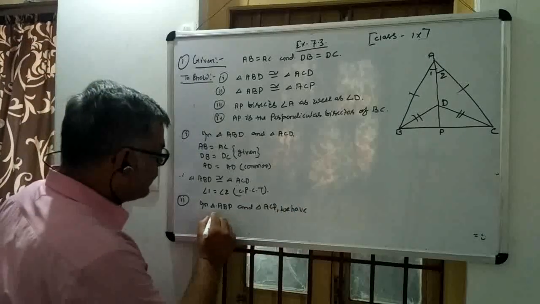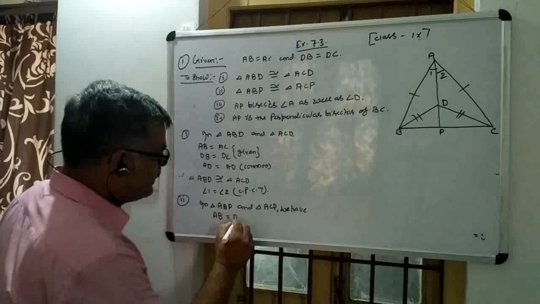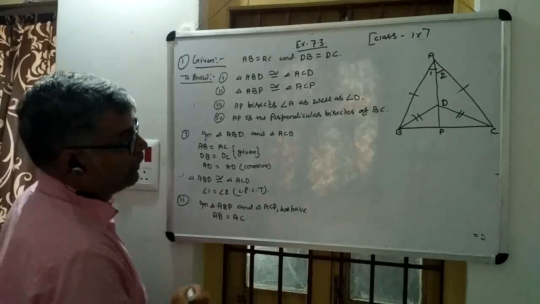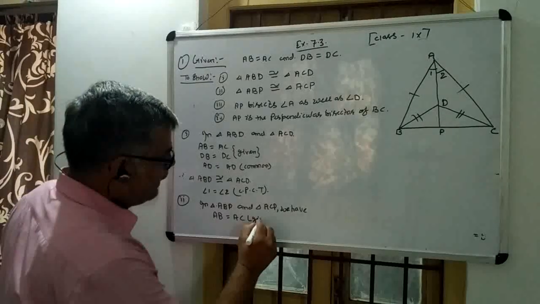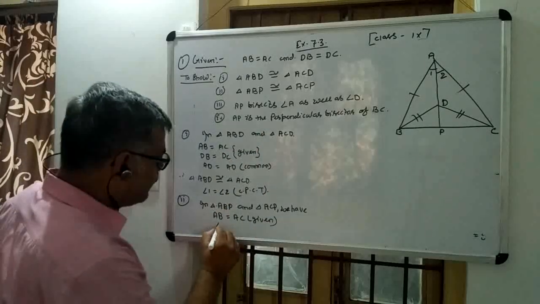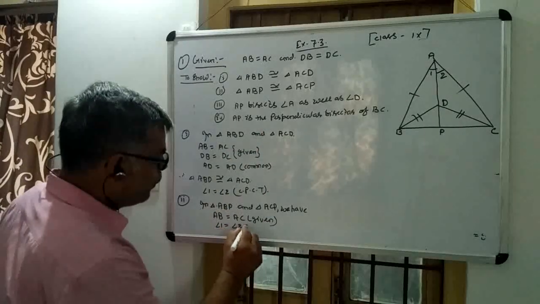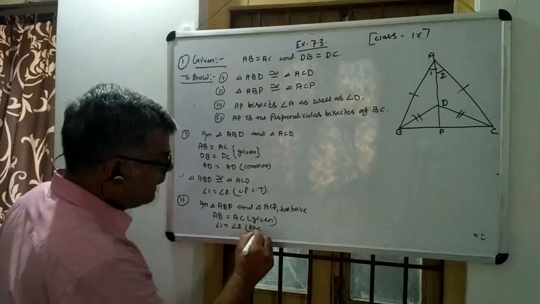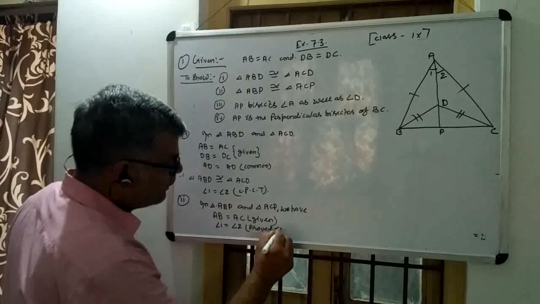First, AB equals AC, which is given, and now we have proved angle 1 equals angle 2, proved earlier in the first part.